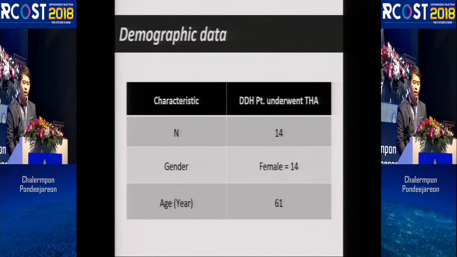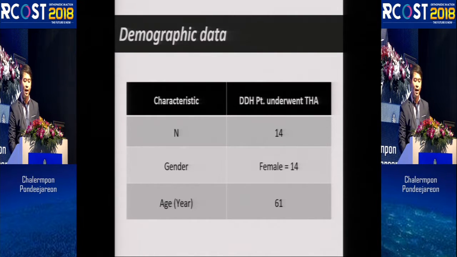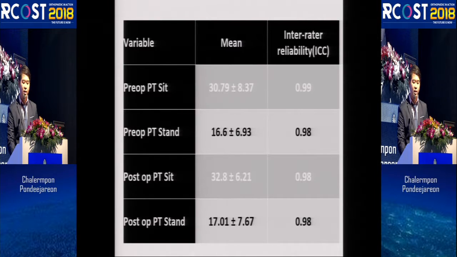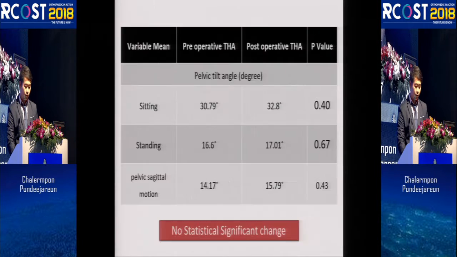We had 14 patients who underwent total hip arthroplasty. They were all female, with an average age of 61 years. Mean preoperative versus postoperative pelvic tilt in sitting position was 30 versus 32 degrees, and preoperative versus postoperative pelvic tilt in standing was 16 versus 17 degrees.